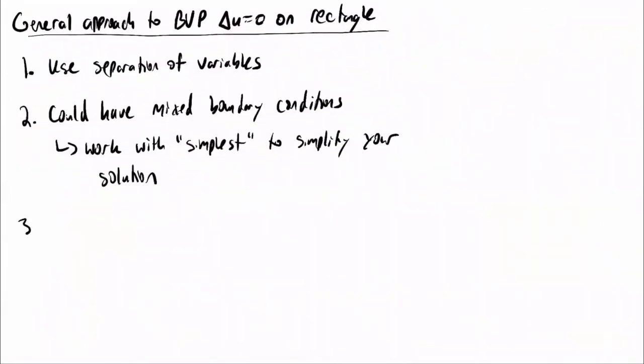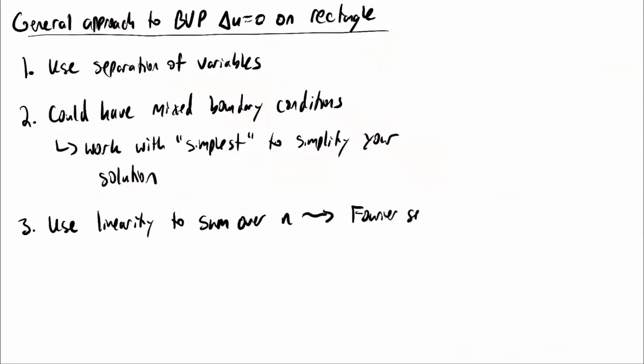And so you're ultimately going to have to use linearity to sum over n. And so this will lead you to some type of Fourier series. And so finally, the fourth step will be to calculate Fourier coefficients.